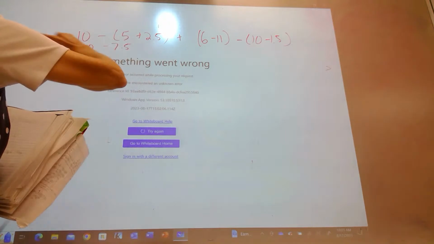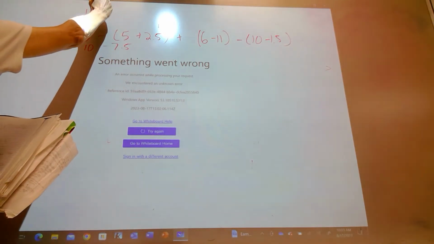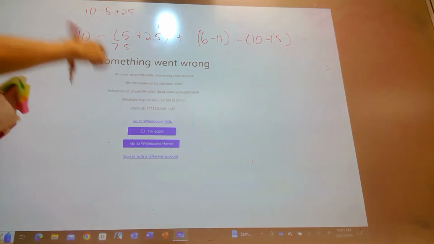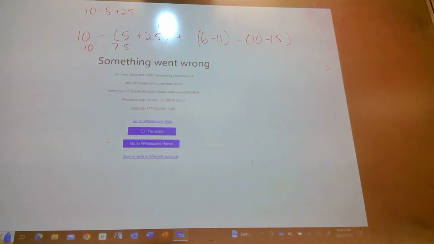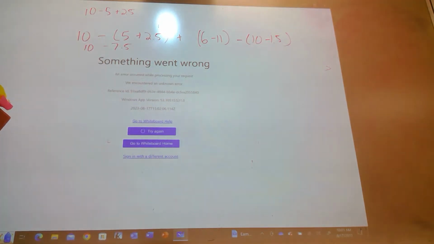But a common mistake is for students to go 10 minus 5 plus 2.5. If you did that, you would get 10 minus 2.5. When you have a negative in front of the parentheses, you have to remember to distribute it to every term in the parentheses. Now that mistake goes on all year of students forgetting to distribute their negative.